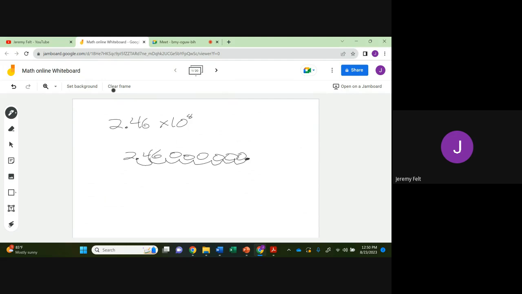Then we could rewrite it down here if we wanted to, 246 million. And we don't have to include the commas. It just helps us as we're reading the number out loud, or trying to figure out place values, to separate it into hundreds, thousands, millions, billions, trillions, which can help us navigate a little bit faster.